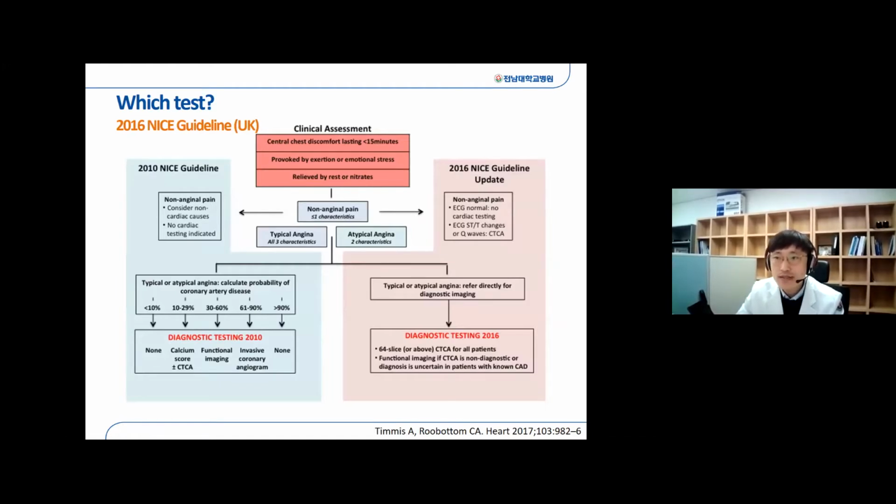The original NICE guideline in 2010 was based on the pretest probability calculation and correlative imaging modalities according to that calculation. But in 2016, it was modified to invariably perform cardiac CTA as the first line imaging study without calculation of pretest probability.